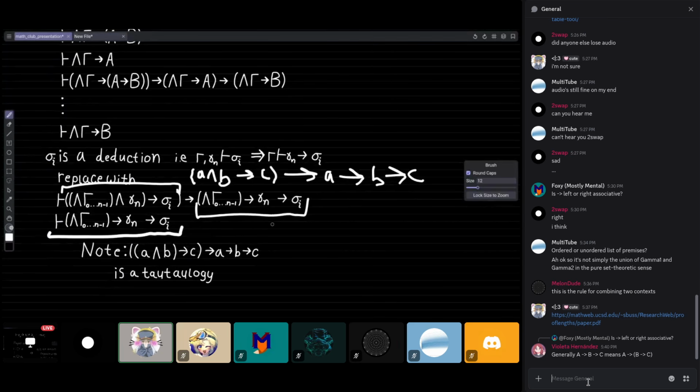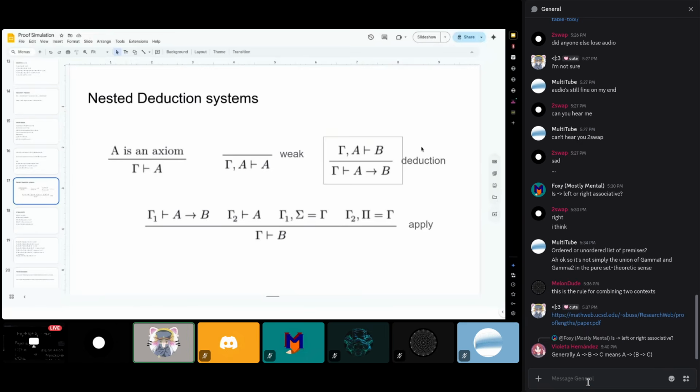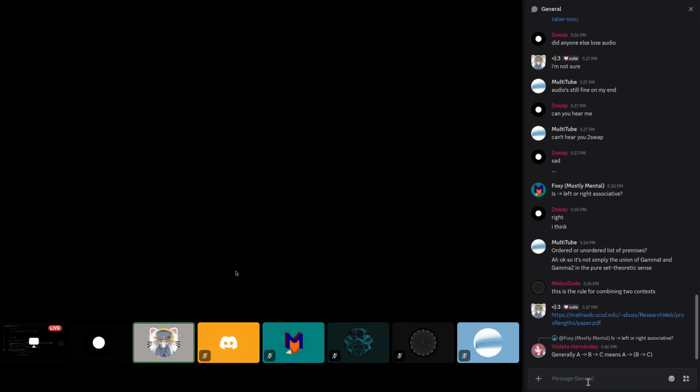I imagine there's space for random bugs to show up in that. In the proof checker, yeah. Is this what it's doing under the hood? No, it's doing something similar to this, where you have a natural deduction style. Okay, gotcha.